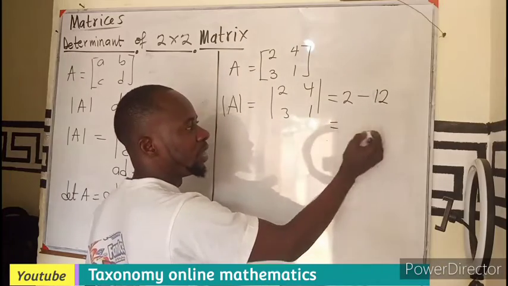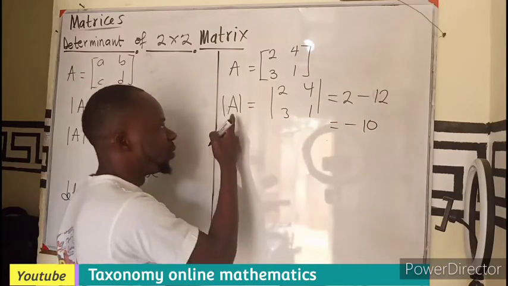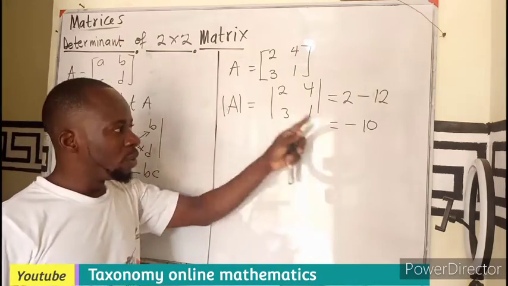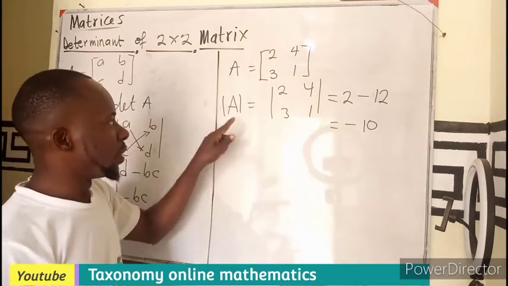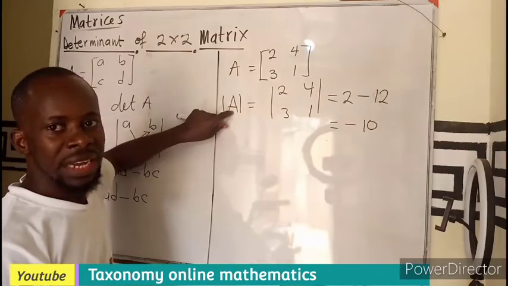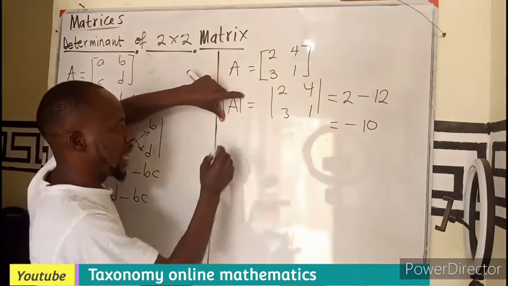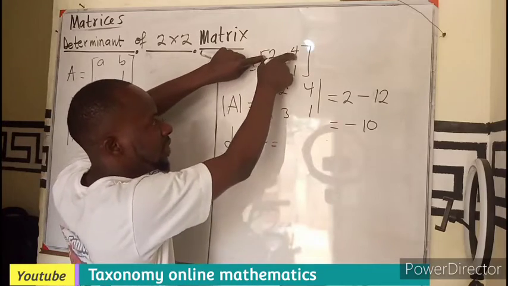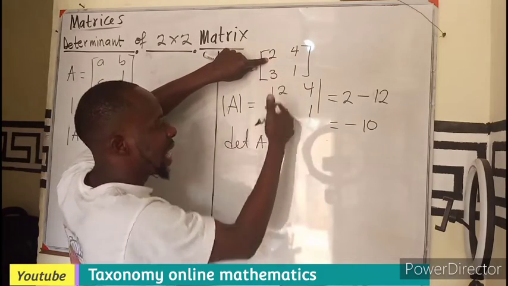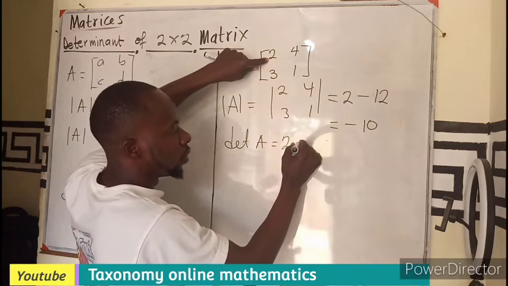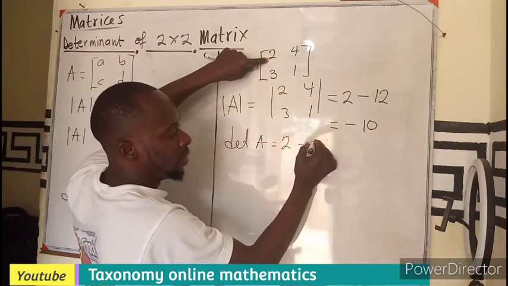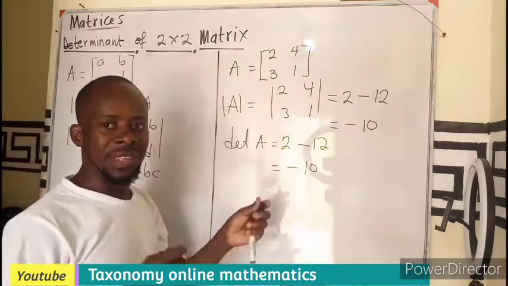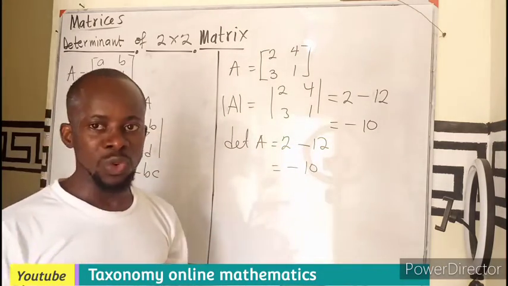So this is going to be minus 10, which means the determinant of the matrix A will just be minus 10. In other words, if I don't want to use the bar, I can use det A equals the leading diagonal 2 minus the other diagonal 12, which will still give me minus 10. So the symbol, you decide which one you want to use.